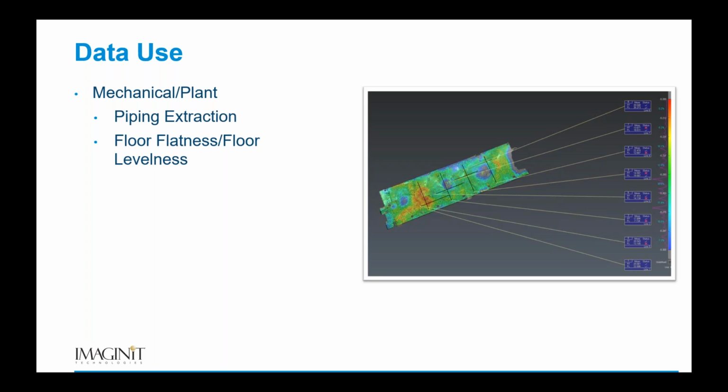And by the way, for those of you who may not experience, floor flatness is in a bunch of the Leica softwares, right? The image you see here is from Cyclone 3DR with some labels. There's CloudWorx for Revit has a floor flatness analysis tool. CloudWorx for AutoCAD has a floor flatness tool. So it's not just in one software.